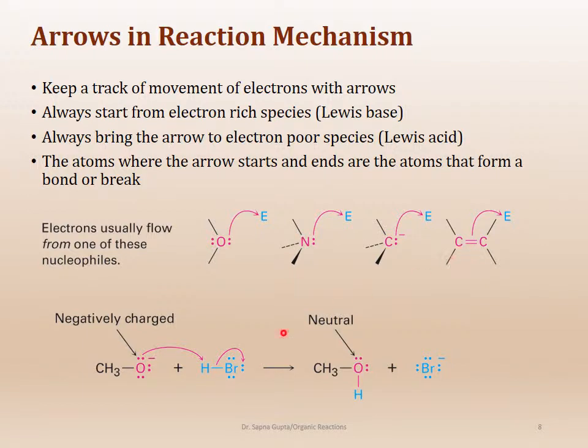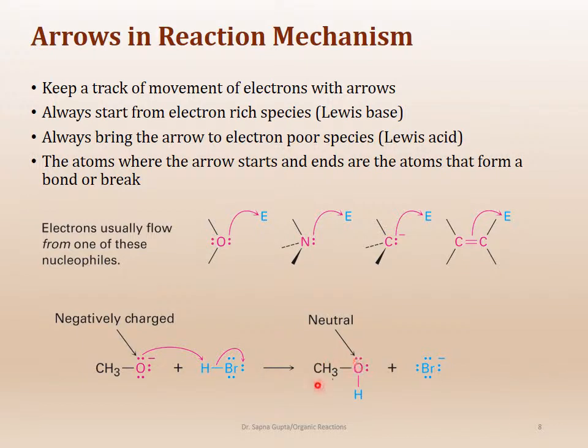This is the nucleophile. So right here is another example. Here is your nucleophile, which goes for this proton, which means that this bond is forming. This electron pair goes to bromine, which means that this pair of electrons is getting transferred to bromine.